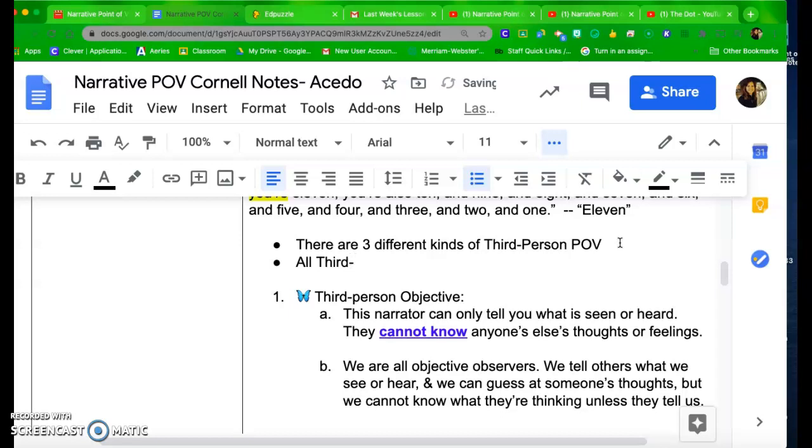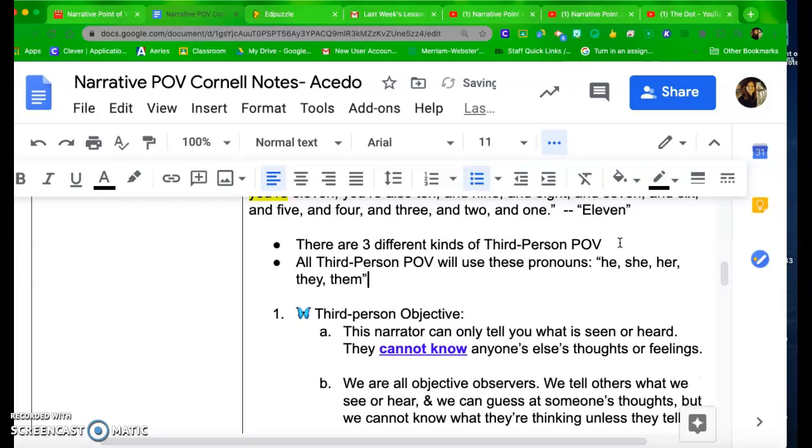All third person POVs will use these pronouns or signal words. He, she, we call these third person pronouns. Her, they, or them. Okay?